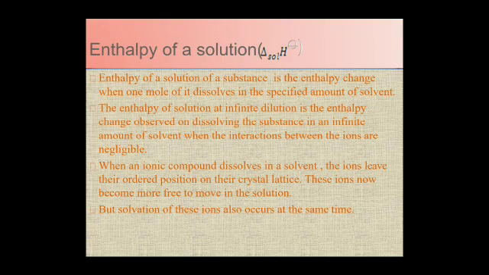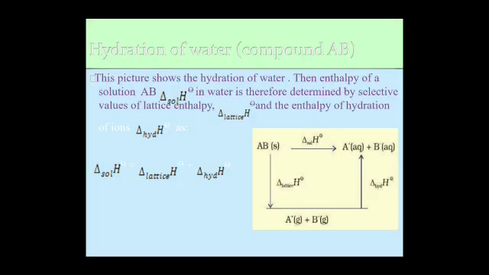When an ionic compound dissolves in a solvent, the ions leave their ordered positions in the crystal lattice. These ions now become more free to move in the solution. But solvation of these ions also occurs at the same time. We can go through this example. This picture shows the hydration in water.